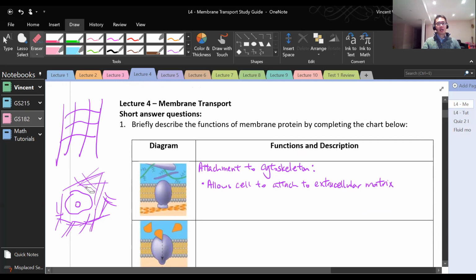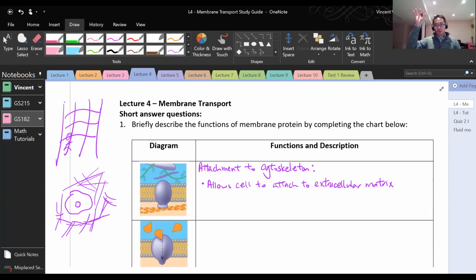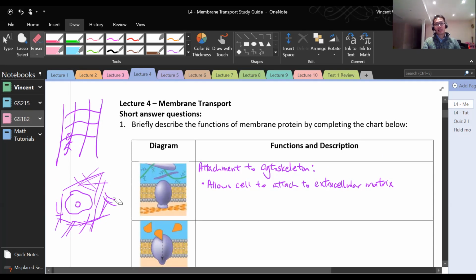That's like the extracellular matrix, and the person would be like a cell moving along this grid. Every time you grab onto a rope and pull yourself, the cells don't have hands, but instead they have these proteins that allow them to grab onto the extracellular matrix, and then they move around. So that's one of the functions.